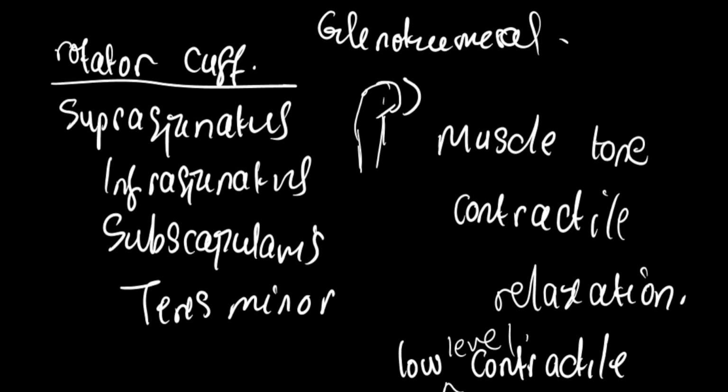As I stated earlier, these stabilizing muscles of the glenohumeral joint help to stabilize the joint, and the maintenance of the muscle tone of these 4 muscles would help to keep the joint stabilized. Take, for instance, if these 4 muscles lost their muscle tone, of course, it would affect the stability of the joint in general.